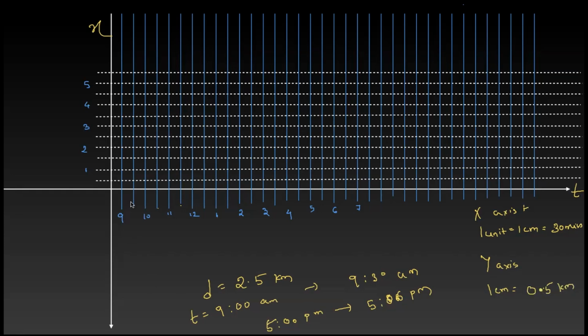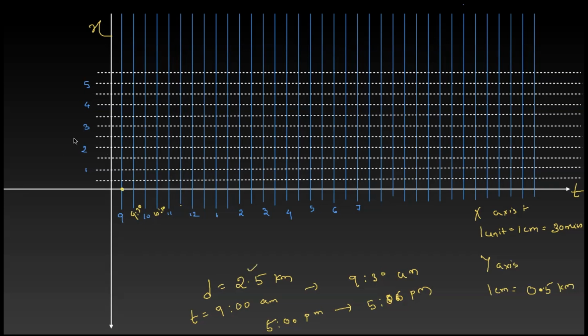So let us plot the graph. What time did she start? She started at 9 a.m. And what was the distance? It was 0; she was at the origin. So it starts here at 9 a.m. This is 9:30, this is 10:30. Now she reached the office at 9:30, and the office was at a distance of 2.5 kilometers.